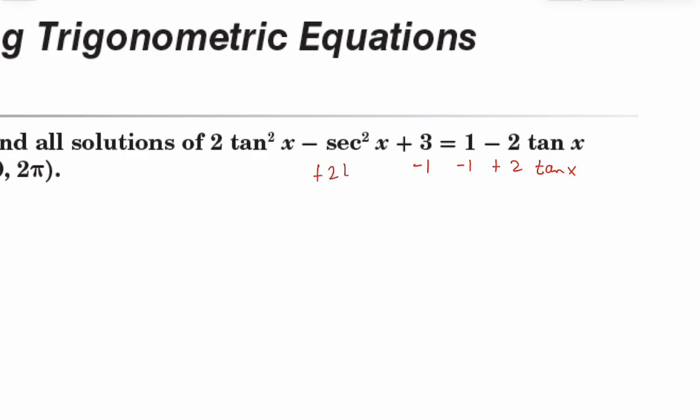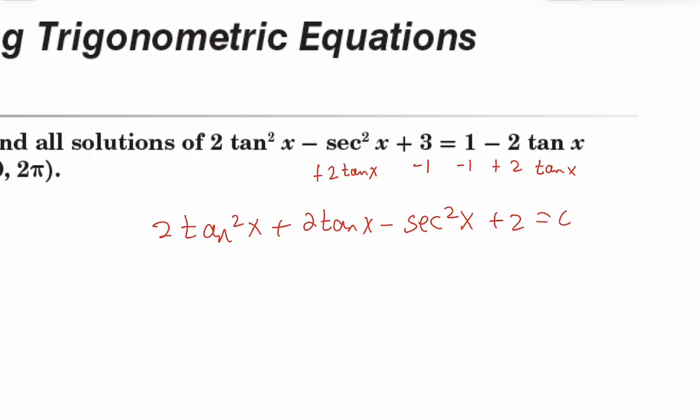Now there's no like term to match a 2 tangent of x, so it's just going to hang out in the problem. So it's equal to 0. Now I'm going to look and see if what I have there is a factorable quantity.